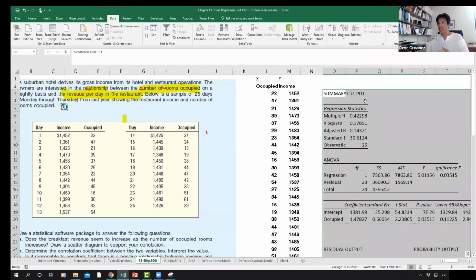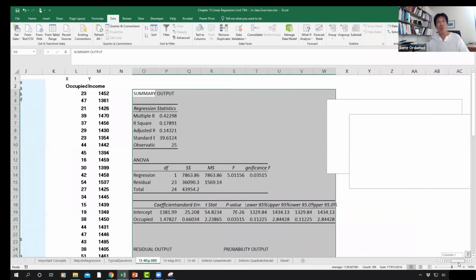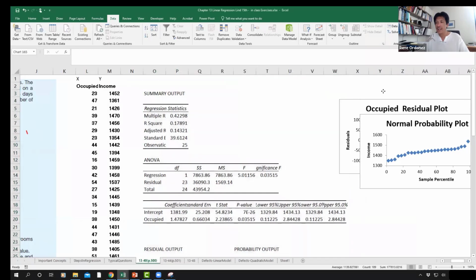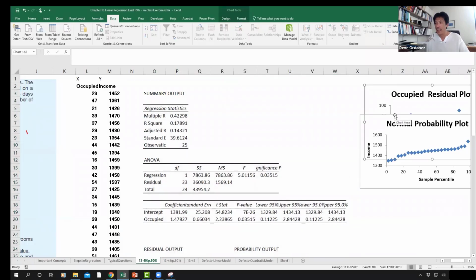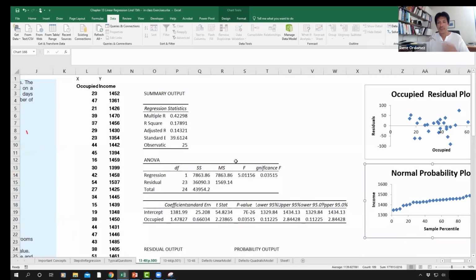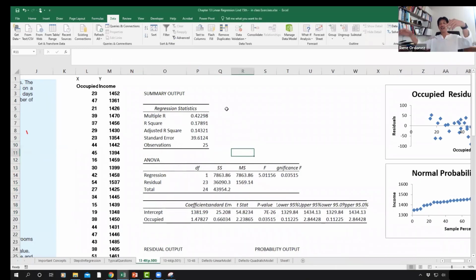All right, so do you see this in gray area? That is the regression output. This provides more complete information than the output produced by this XY scatter plot. Okay, so let's look at this output.